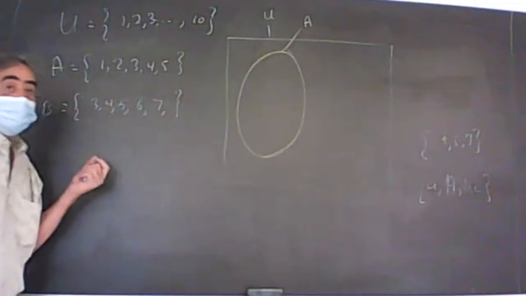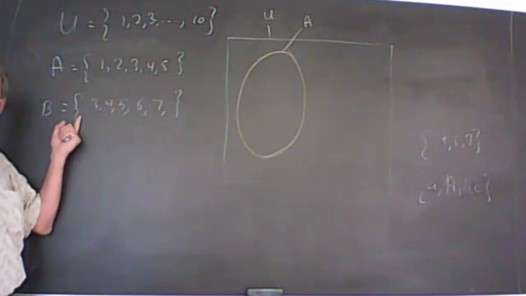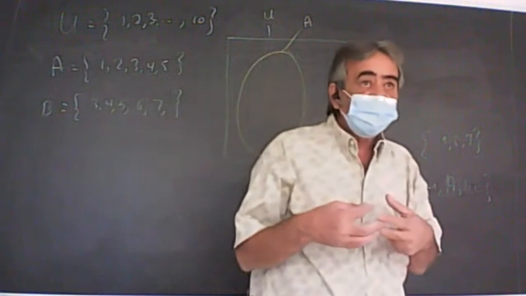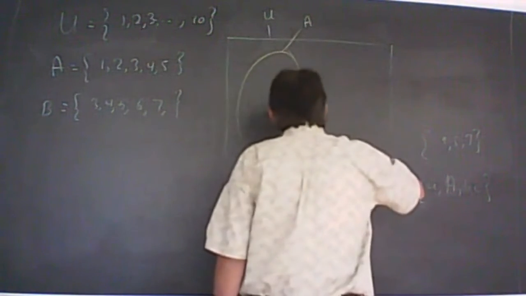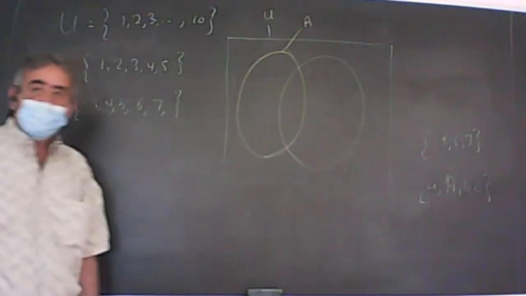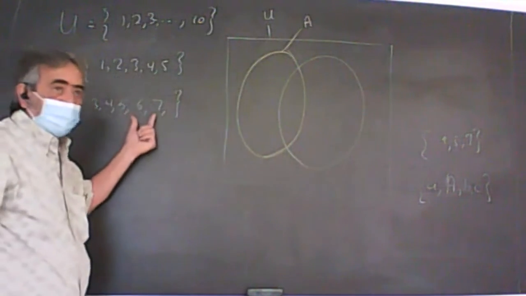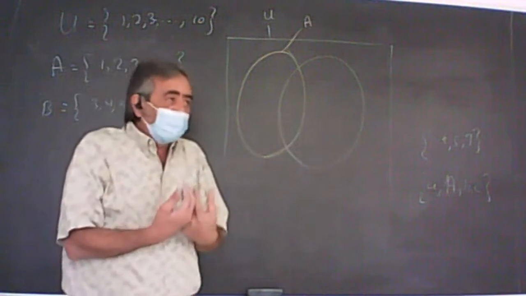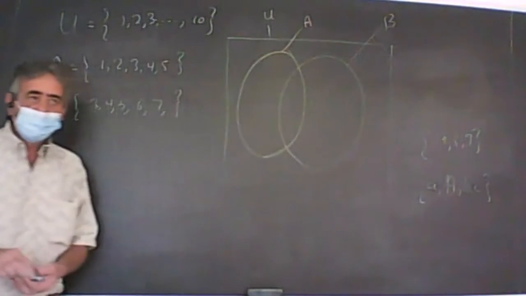But I did notice one thing. The elements 3, 4, 5 belong to A and B at the same time, right? So that means there is what we call an intersection between them. There are common elements. If they are common elements, that means the circles A and B will overlap. Yes? If all the elements in A were inside B, then I'd just put A inside B. But it's not. Only part of it overlaps. So I'm going to overlap part of it.